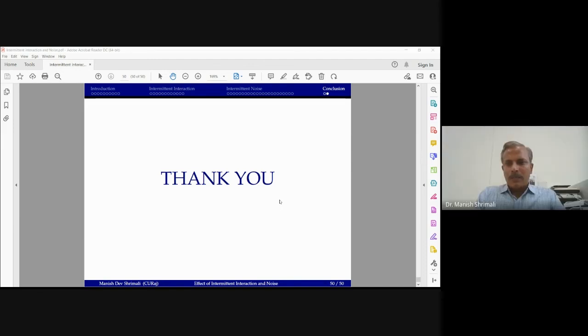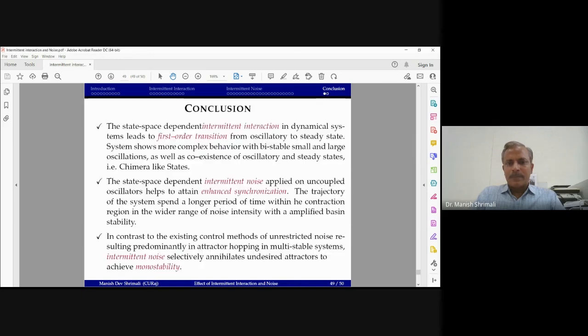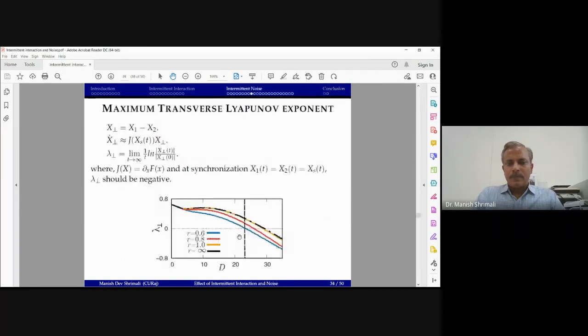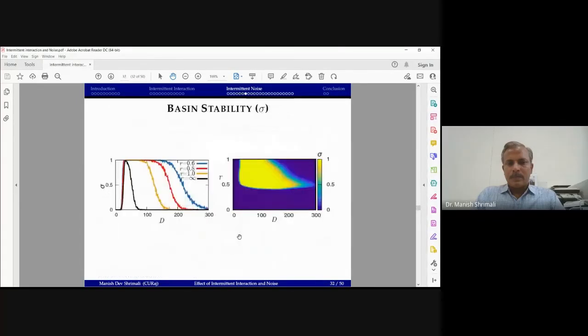then there is a synchronization, but the basin stability is, I'll show you the figure. Yeah, you can see this. If you look at the black curve, the first one, this is the basin stability, and basin stability is maximum, 1, around d equal to 30, which is the transition point from no synchronization to synchronization, and this is for unrestricted noise.